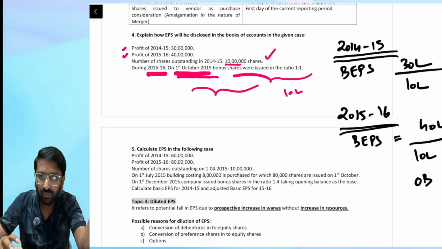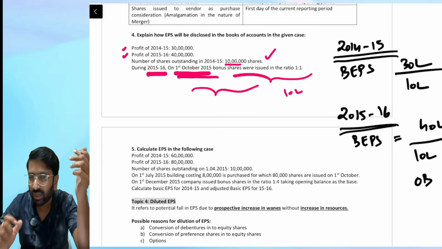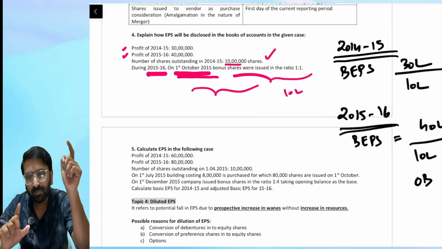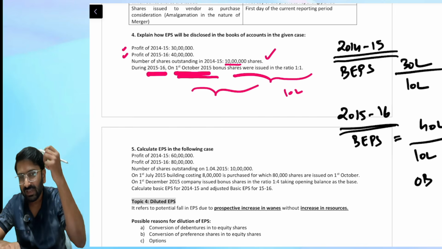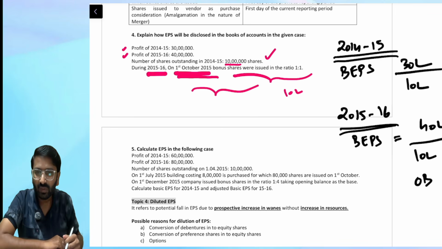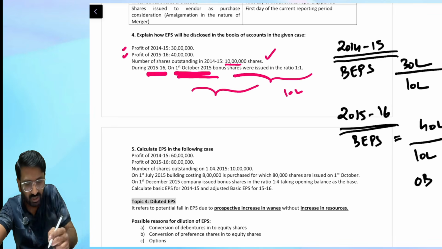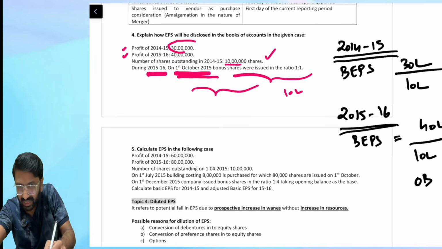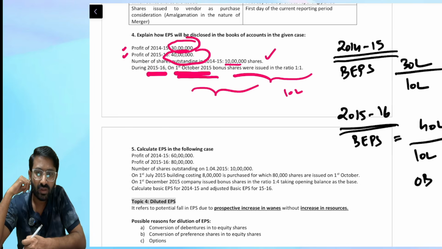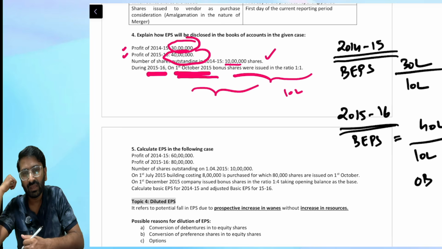A bonus issue, there is no new resources coming to the company, which is whatever money we have in the last year, we have same money now also, which is with the same resources. So last year my profit was 30 lakh. With the same money, this year my profit has become 40 lakh, which is, can I say, actually there is improvement in the performance. Your 30 lakh profit has become 40 lakh with the same amount of resource.